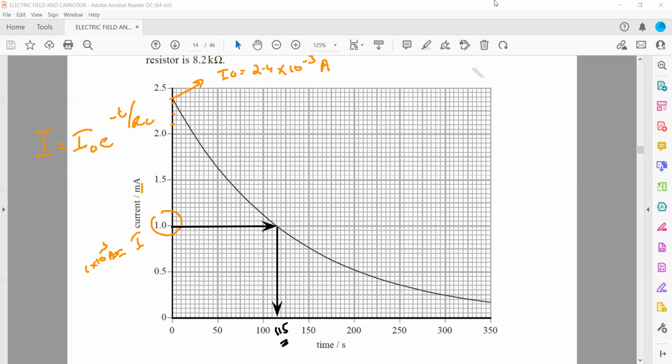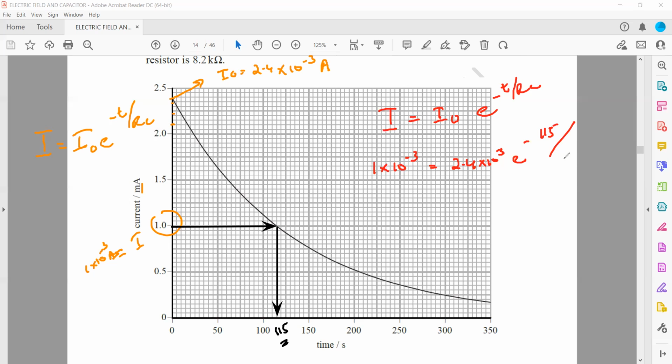Now we'll use the formula I equals I naught e raised to power minus t over RC. The current I is the current at a specific time, which is 1 milliampere. I naught is the maximum current, 2.4 into 10 power minus 3 ampere. In e raised to power minus t, t is the time to change from I naught to I, that is 115 seconds.